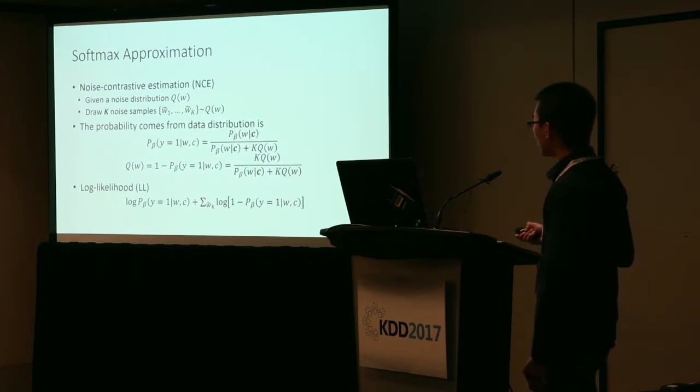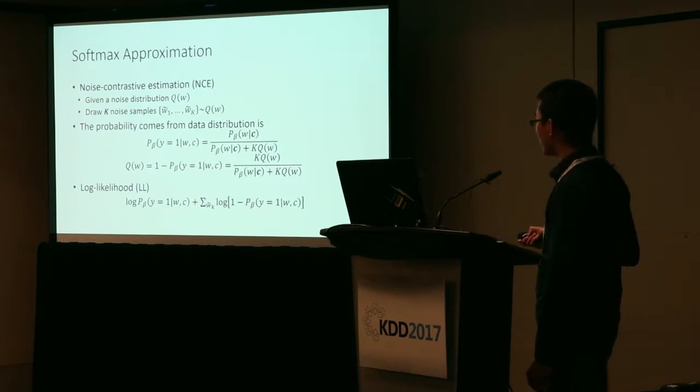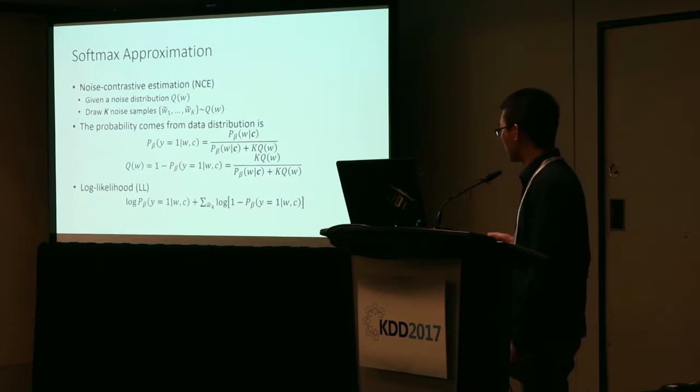One is that the target item, or the target word, is drawn from the normal data distribution. The probability is something like this, and similarly we can get the probability that the sample is drawn from the noise distribution. Summing them together we have the log likelihood equation here.